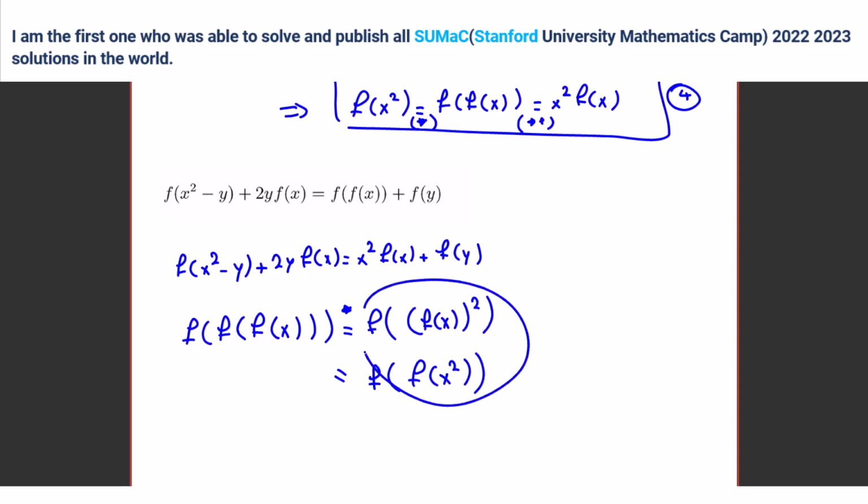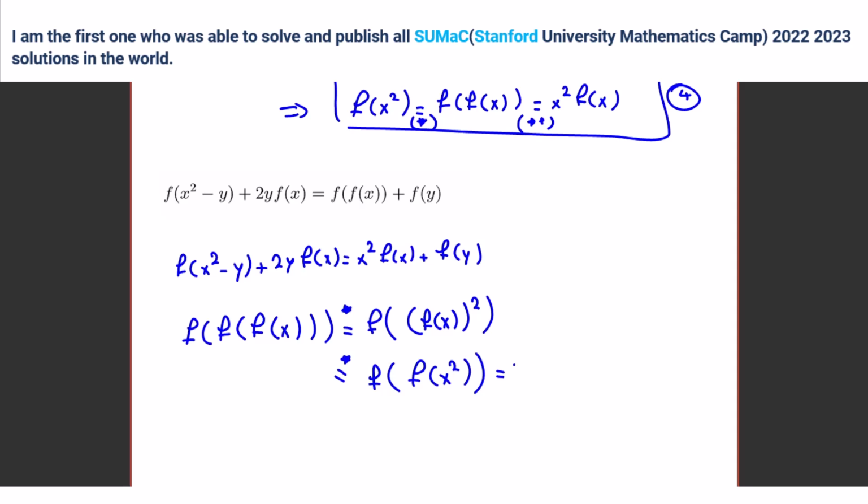So we can conclude that if these two things are equal, then inside I can turn this into f of x to the 4, right? Which one? This one? Yeah, because it's the same thing as the middle term.